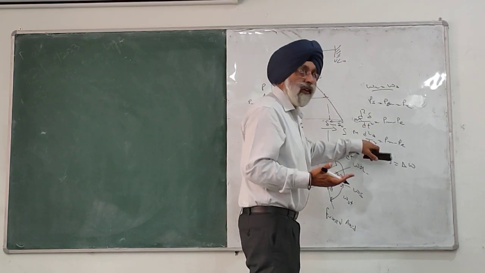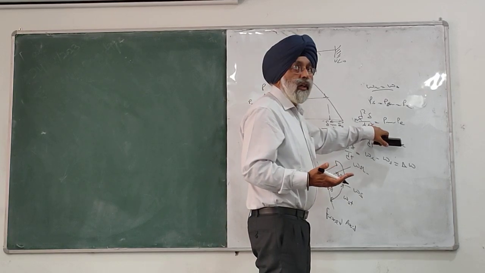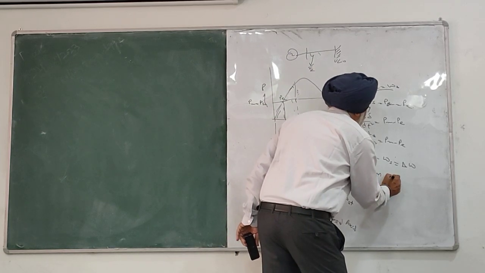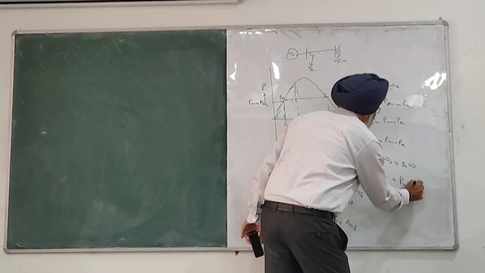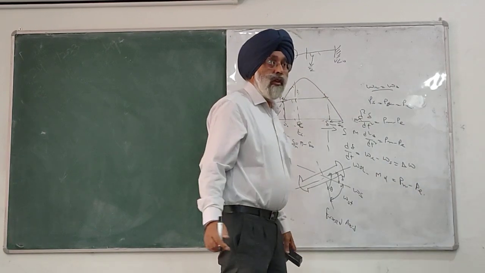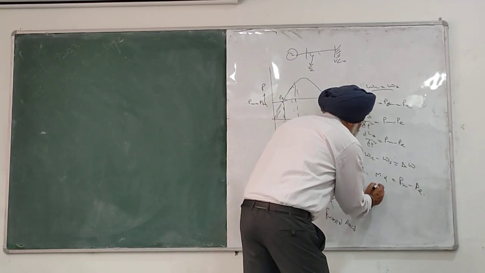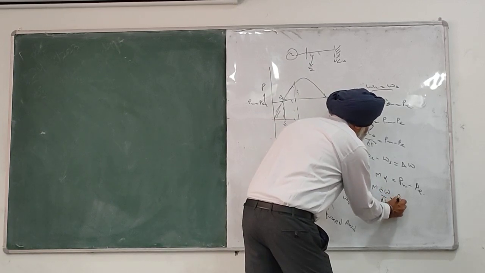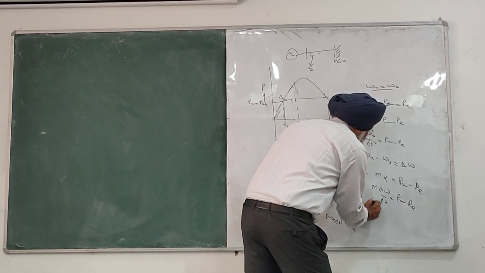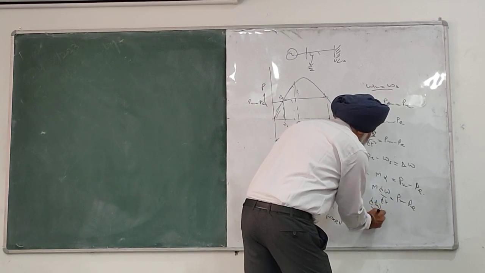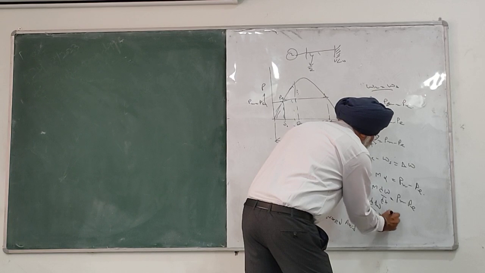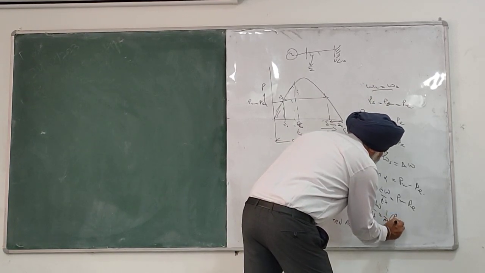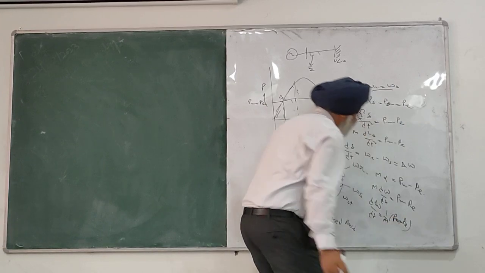So alpha is equal to m alpha, p m minus p e. So it is m d omega by dt equals p m minus p e, or d omega by dt is equal to 1 upon m times p m minus p e.